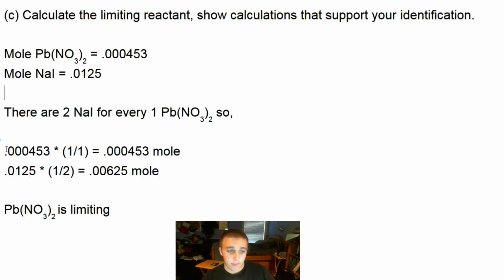I took the moles of this times 1/1, and the moles of this times 1/2, because we want the same amount, and it's 0.00625. We could also do it the other way, multiplying this one by 2. They both equate to the same thing: Pb(NO3)2 is the limiting reactant.